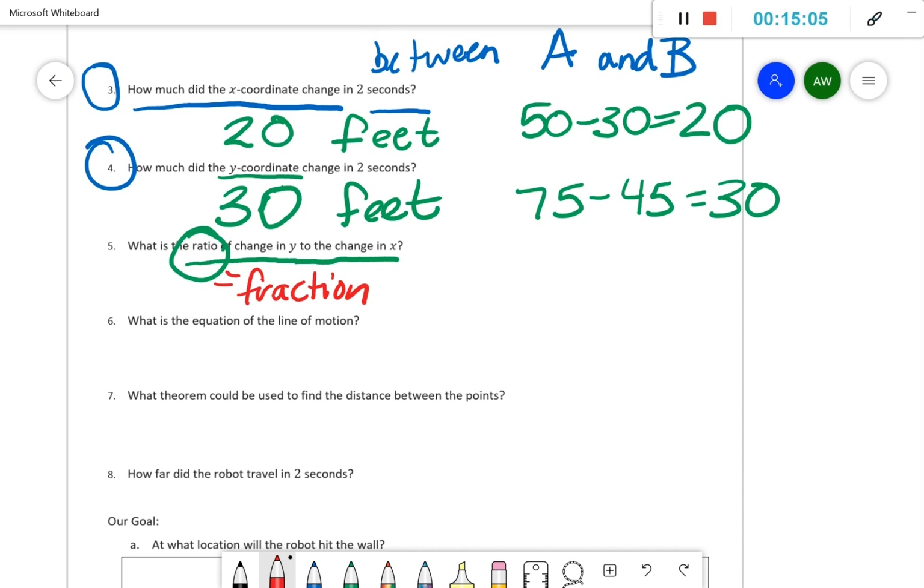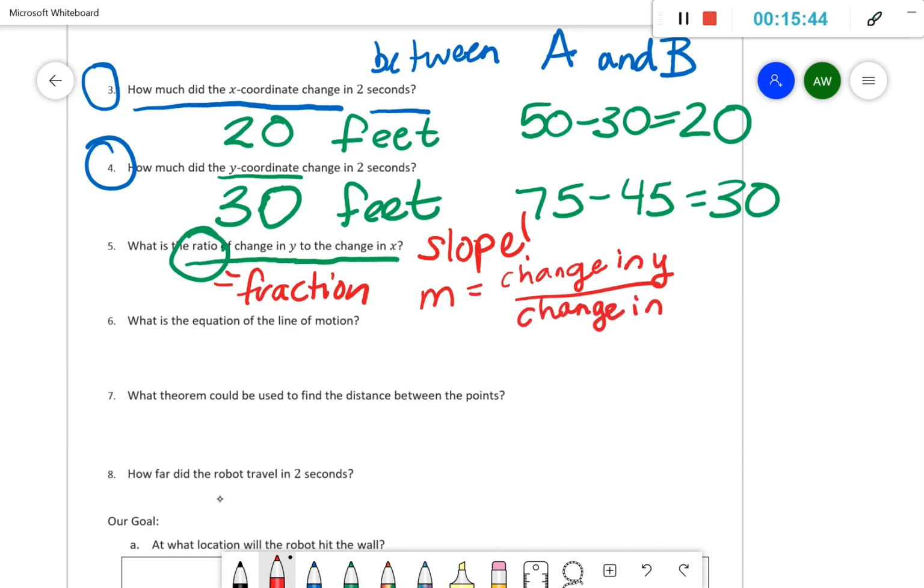Now, the ratio of change, that's the same as the rate of change, which is the same as slope. And we know that slope is the change in y over the change in x. M is usually the letter we use for slope. We might say m is equal to the change in y over the change in x.